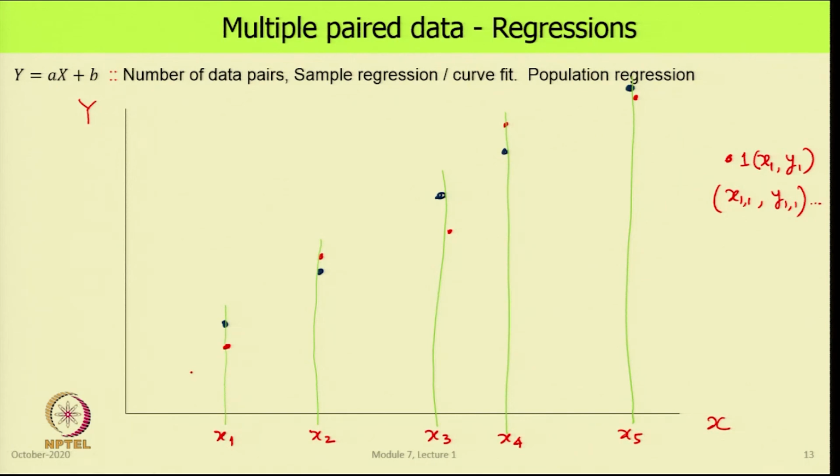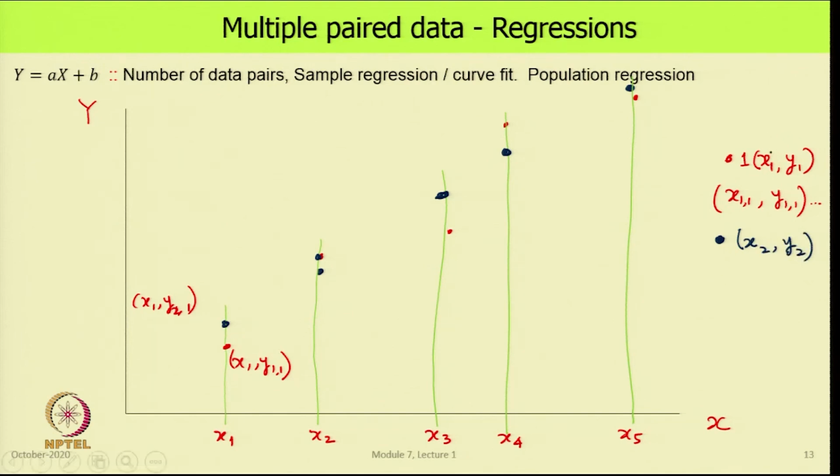And the first data point that we just saw would then be x1, y1,1. The second point would be x1, y1,2, and y2,1 is from the second experiment. So, this second data point set that we have, which we have put here, here, here, here and here, is our second data set, x2 y2.